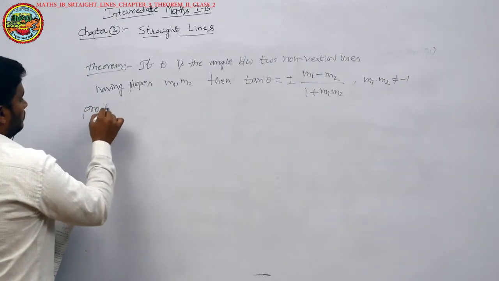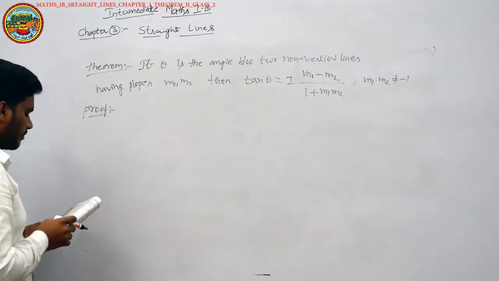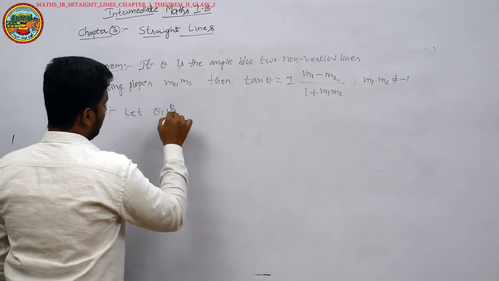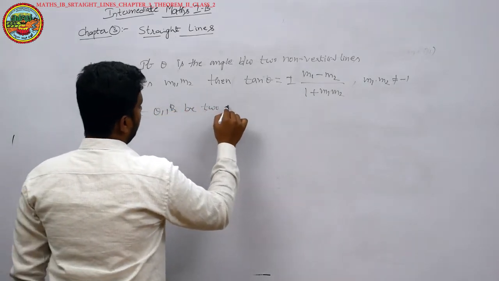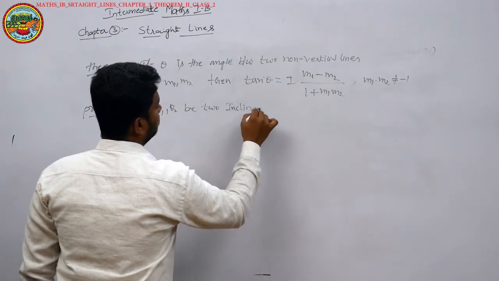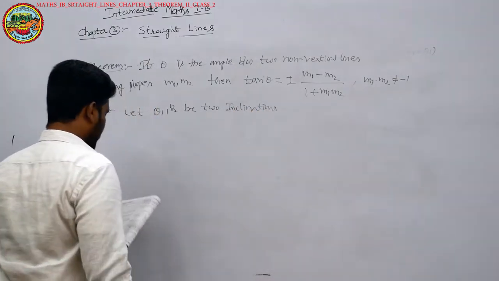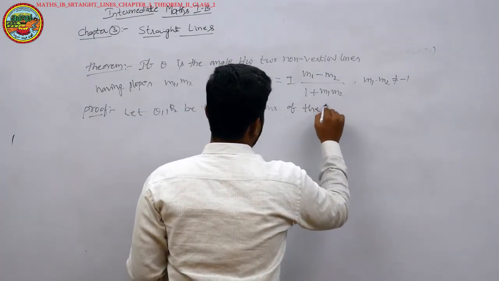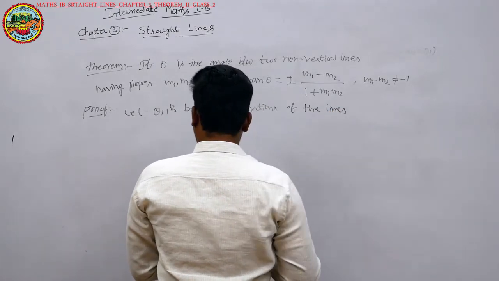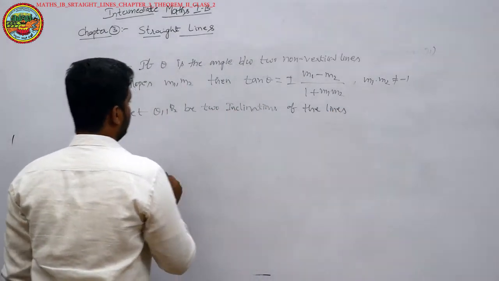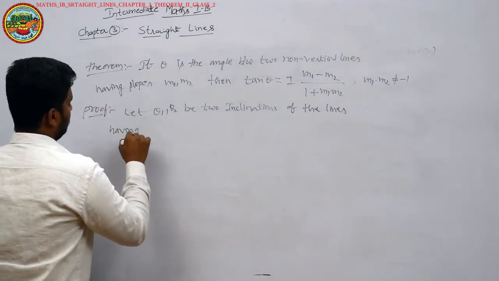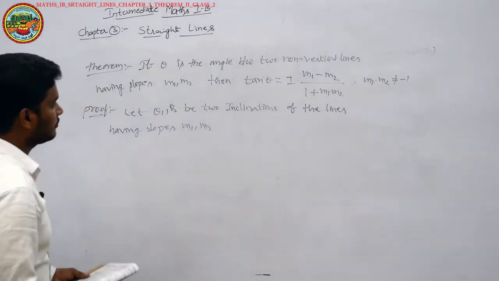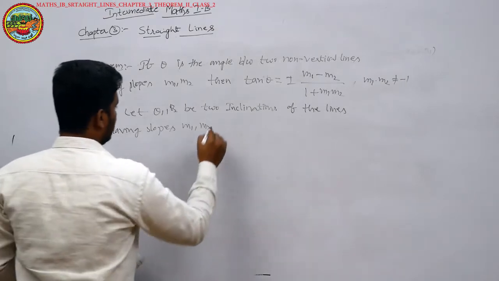So proof, let theta 1, theta 2 be two inclinations of the lines having slopes m1, m2 respectively.